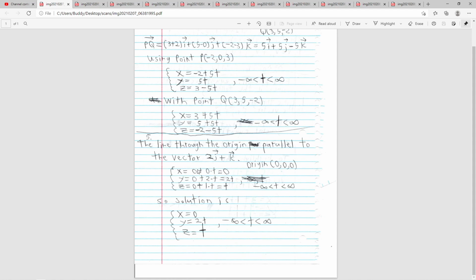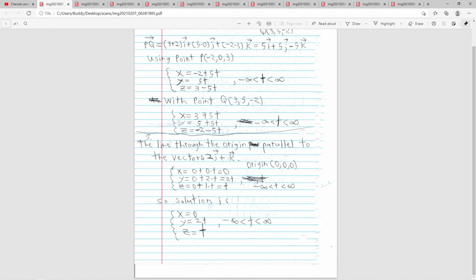So the origin, parallel to a certain vector, this is just like the first one. It's parallel to a vector with a specific point here. 0, 0, 0 is the origin, as you should know. And if we're going to show the work in detail, it's 0 plus 0t equals 0 for x, because there's literally nothing. The vector is 0i technically.